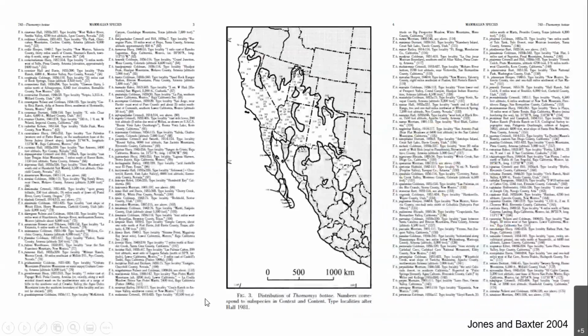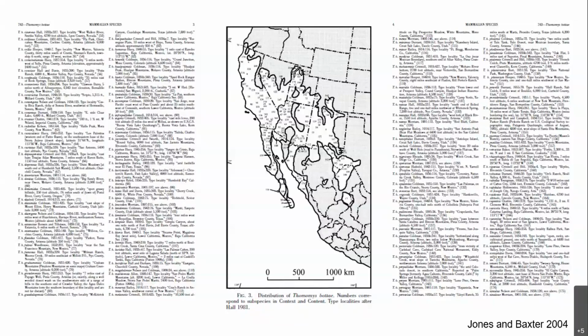But there is kind of another side to this whole subspecies endeavor. This is just a screenshot from the Mammalian Species paper for Thomomys bottae, one of these pocket gophers I'll get into here in a bit. As you can see in the map in the middle, there's almost 200 subspecies described, and on the sides is just many of the different subspecies that have been named.